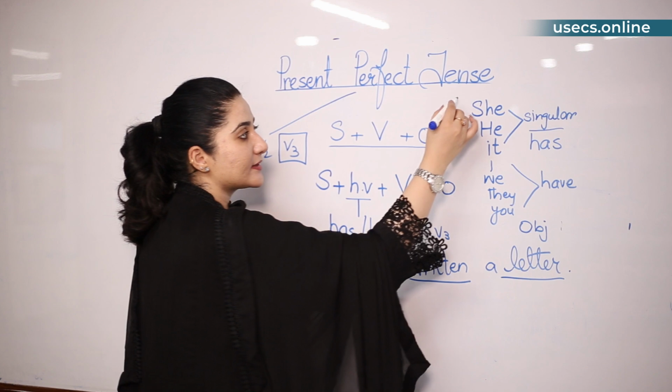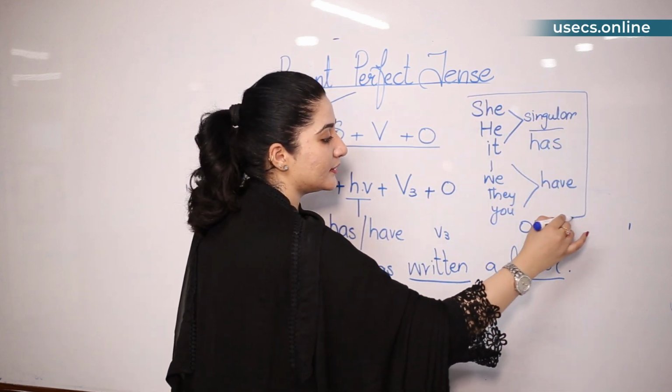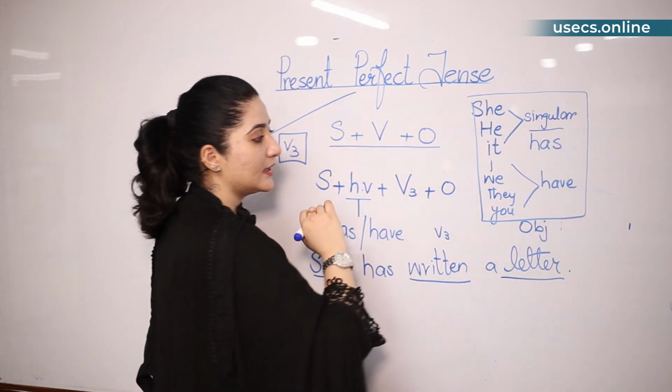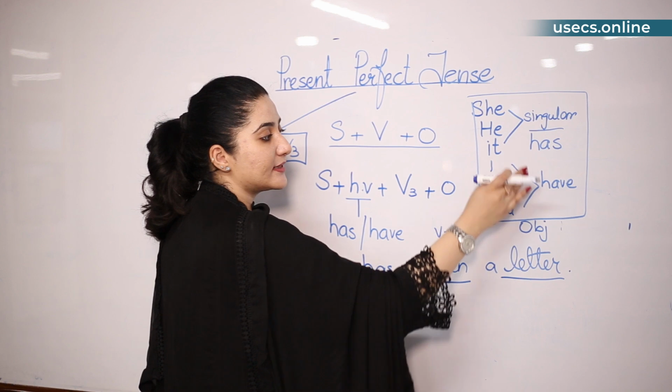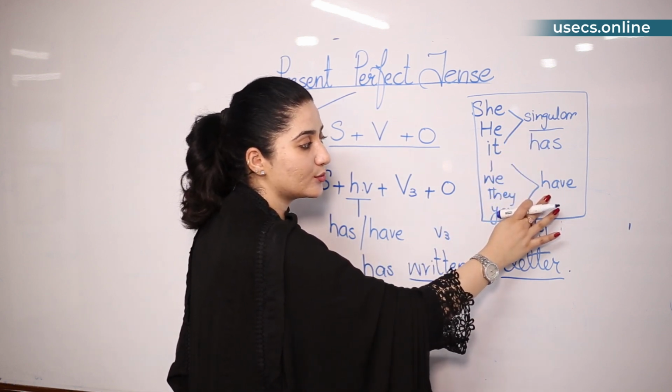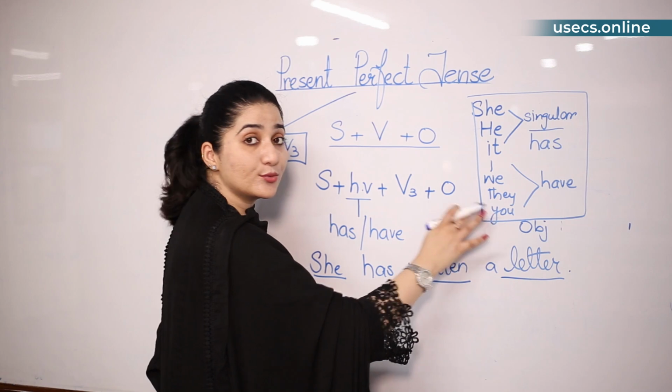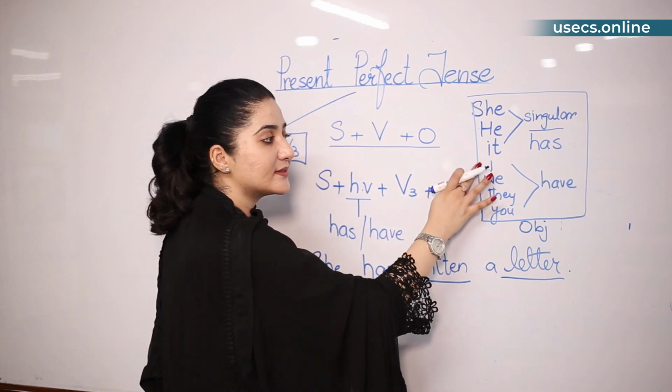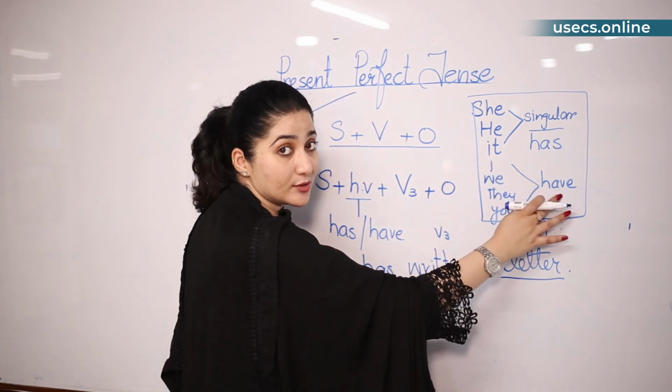So you need to practice this thing as well for all the new learners and all the beginners, the wise use of has and have. With all the singulars we are going to use has, and with the plurals we are going to use have. I and you, these are exceptions. I is considered as singular, but with I we always use have.